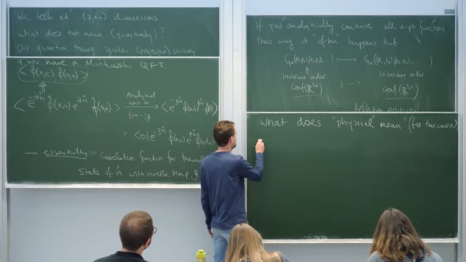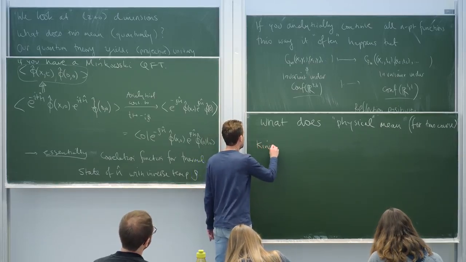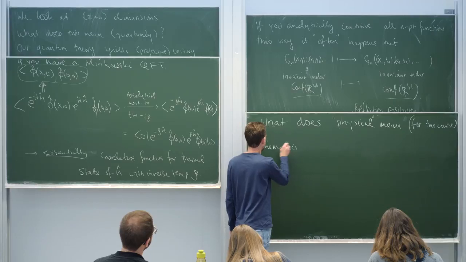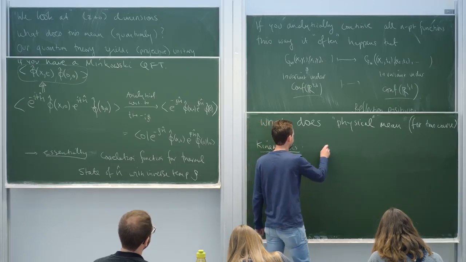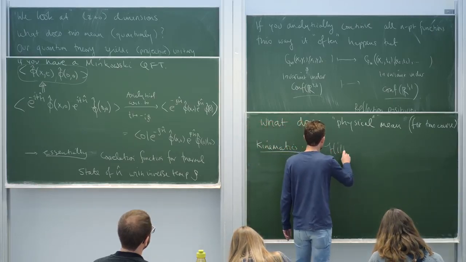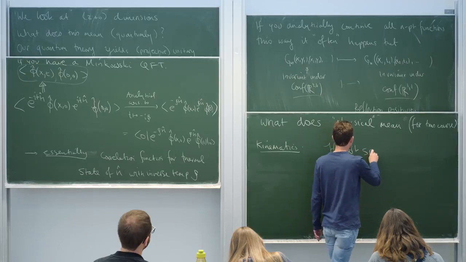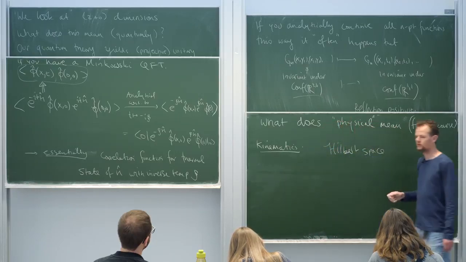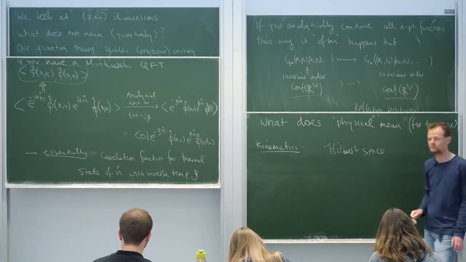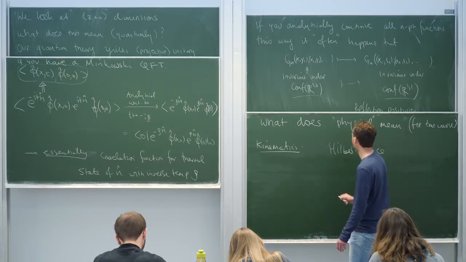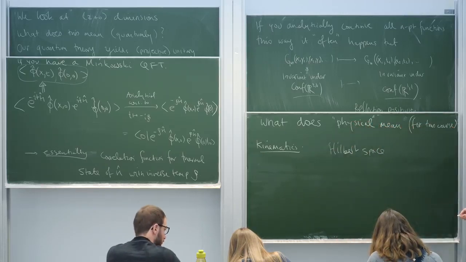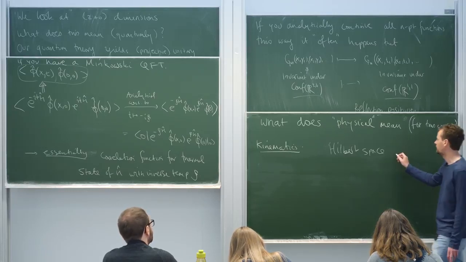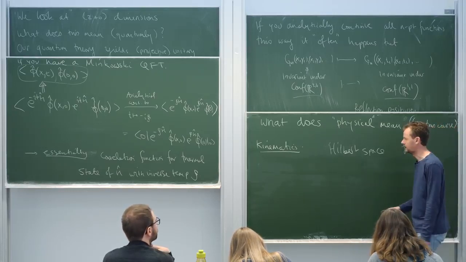I think you should have a Hilbert space. We're going to declare that the kinematics of a physical theory has a Hilbert space. I'm quite happy to live at that level of generality.